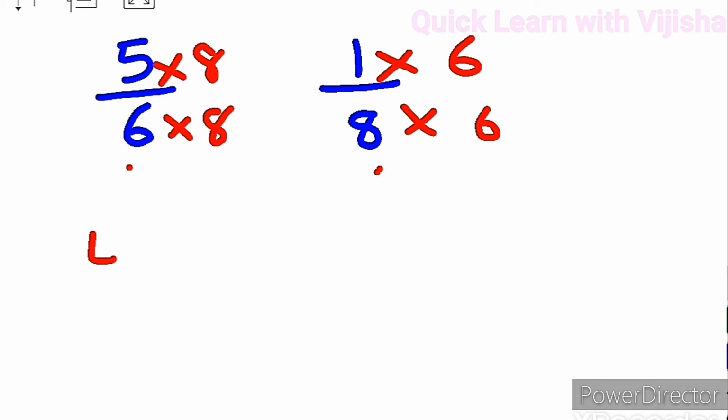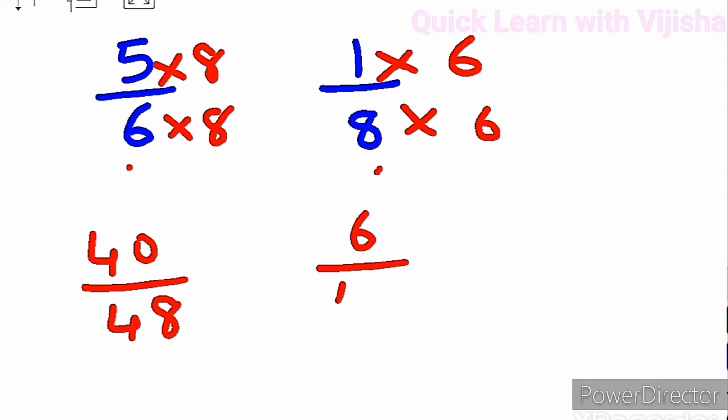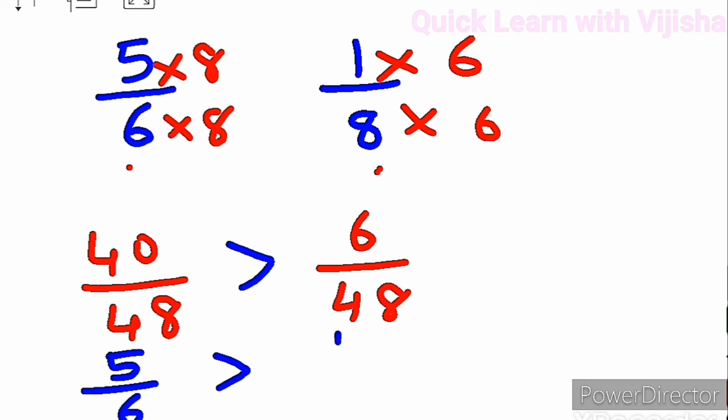So 5 8s will become 40 and 6 8s will become 48. And 1 6 is 6, 6 8s are 48. Now the denominators are same. So which side will be greater? The greater number, 40, will be greater. That means 5 upon 6 will be greater compared to 1 upon 8.